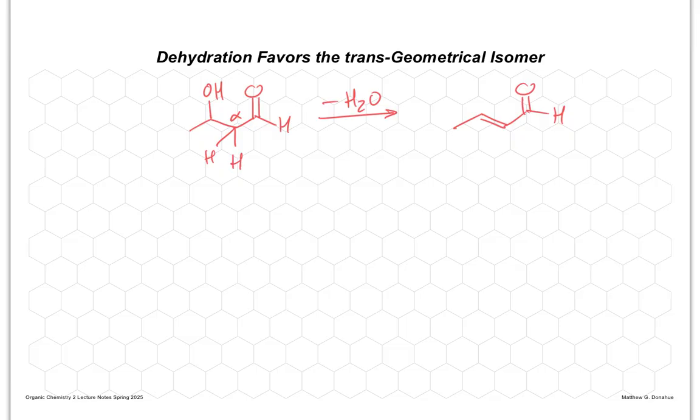So I think I'll stick my eyeball right here. So that's my eye, and I want to look down alpha to beta. So alpha's in front. I'm going to draw the aldehyde carbon up, and then our two hydrogens.